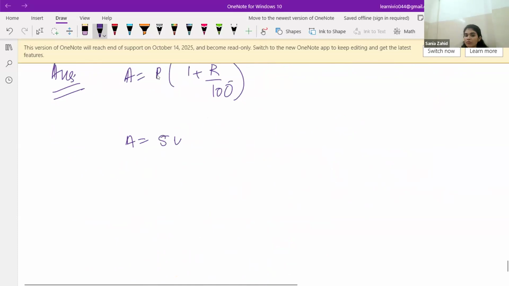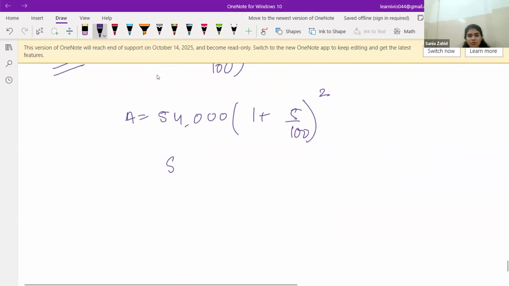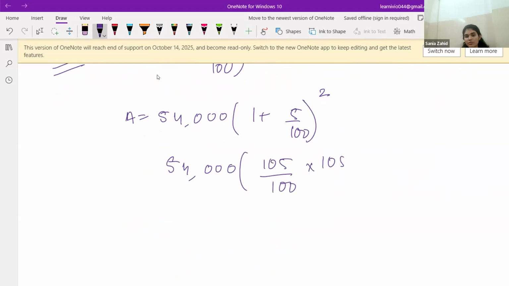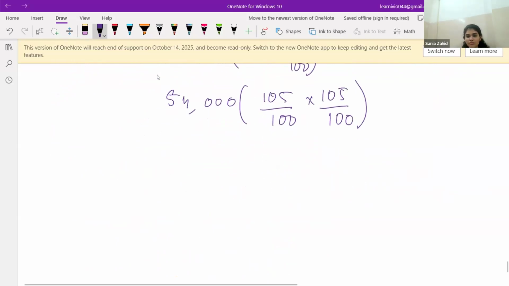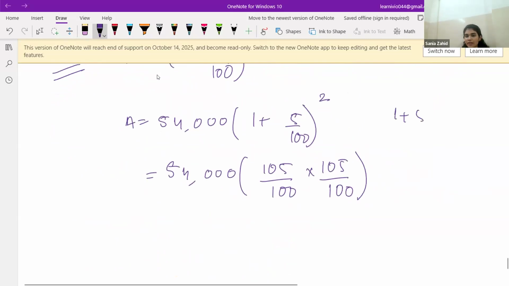The principal becomes 54,000 into (1 plus 5 by 100) power 2. So we have 54,000 into 105 by 100 into 105 by 100. Ma'am, how did the 105 come? When you calculate 1 plus 5 by 100, you make this 1 as 100 by 100, plus 5 by 100. 100 plus 5 is 105.